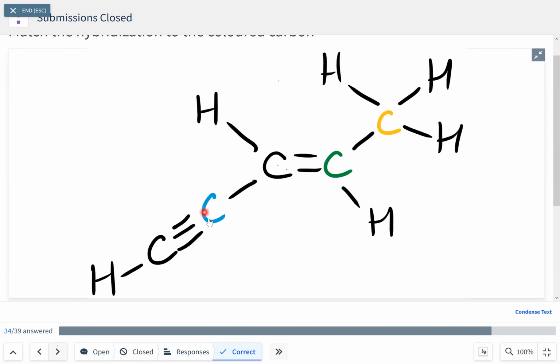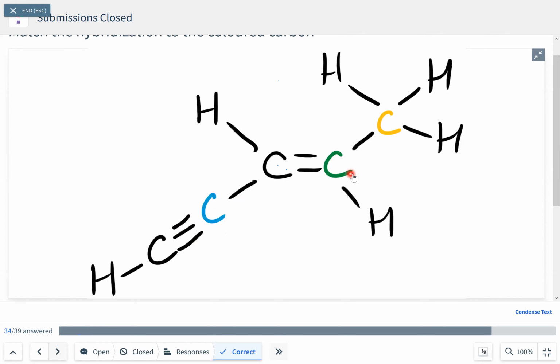So this blue carbon here, we've got 1, 2, this bond here is a triple bond. So one of these bonds will be a hybrid orbital, but the other 2 bonds have to be made with p orbitals. So there's only 2 hybrid orbitals here, so that means that this has to be sp. We need those p orbitals on this carbon to make the double bond, and then consequently after that the triple bond. So this will be sp hybridized.